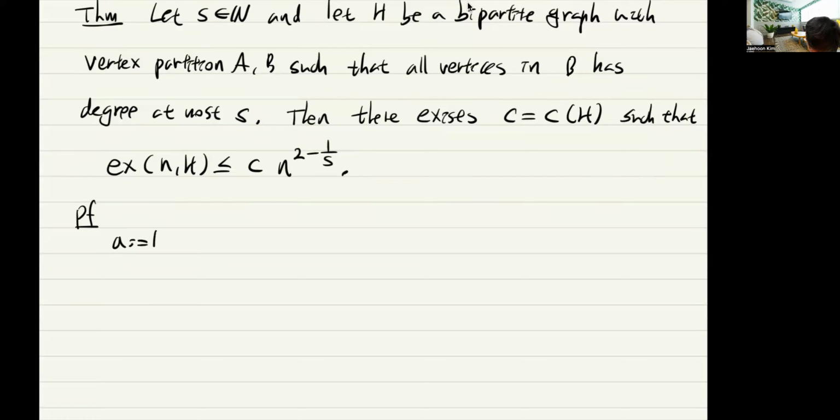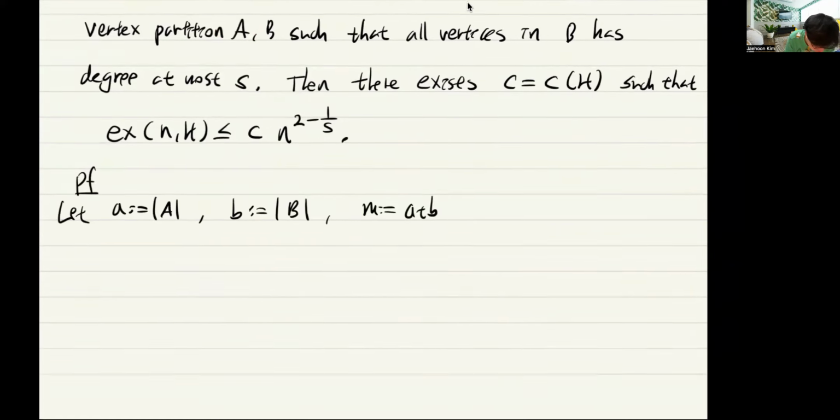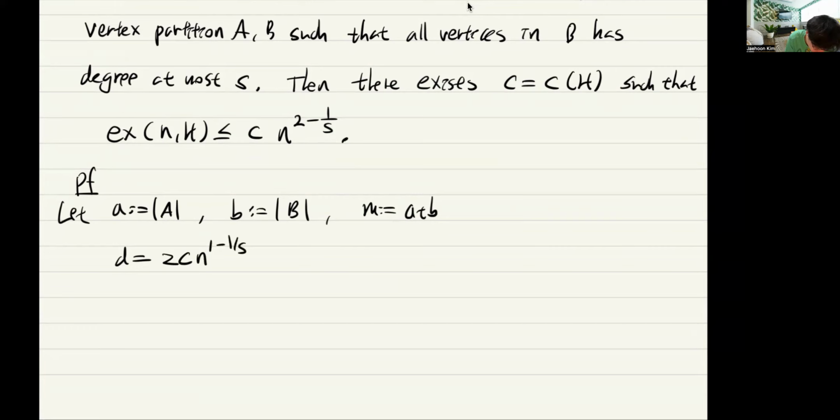Let's say a is the number of vertices in capital A, and we let b be the number of vertices in B, and then m is a plus b. And then let's say D is 2 times C times n to the 1 minus 1 over S, which is the average degree of a graph with this many edges.